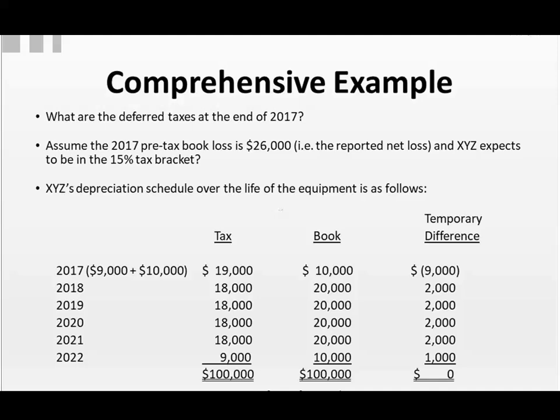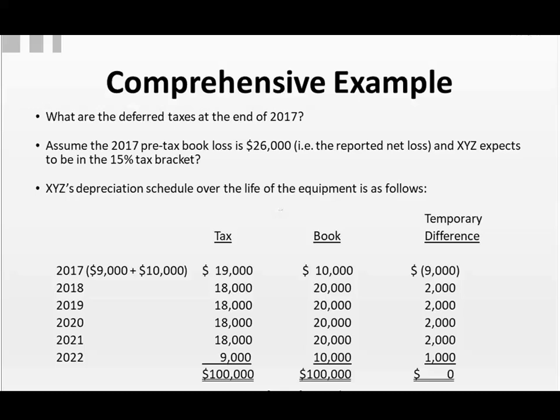However, on the tax return, you do the same thing, except you're going to take an extra $10,000, Section 179. So that means you take $9,000 plus the 10 in the first year, and $9,000 in the last year, and 18 in the middle years. So you're going to depreciate $100,000, the total cost of the fixed asset.